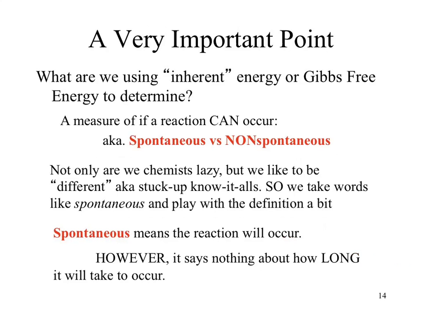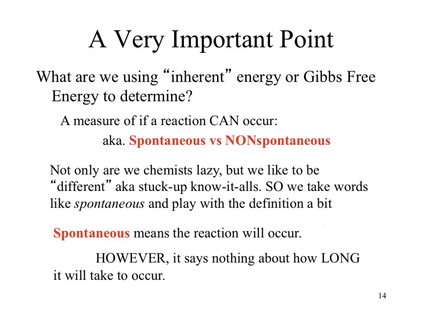Someone just incinerated right in front of everybody else. So we tend to imply, according to our English understanding, that spontaneous means instant. In the case of chemistry, for whatever reason, it does not mean instant. It just means that that reaction can actually occur. It says nothing about the time in which it occurs, which is kind of an odd concept.